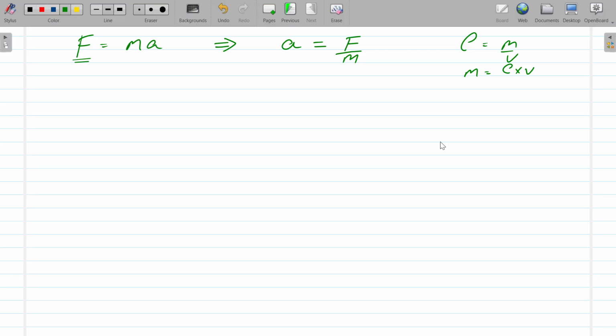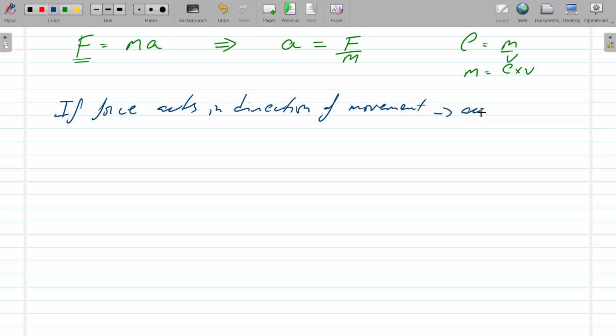Now I mentioned that it has to be a resultant force. If the force is acting in the direction of movement, it's going to cause the object to accelerate.